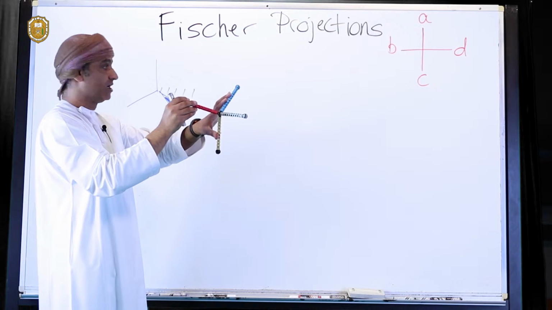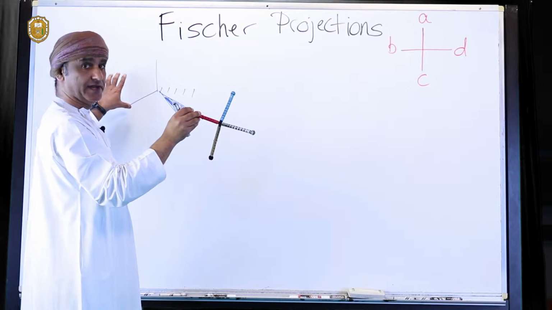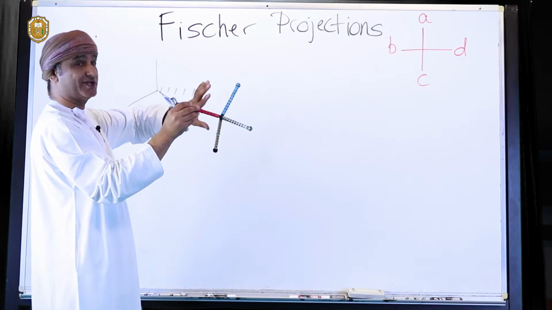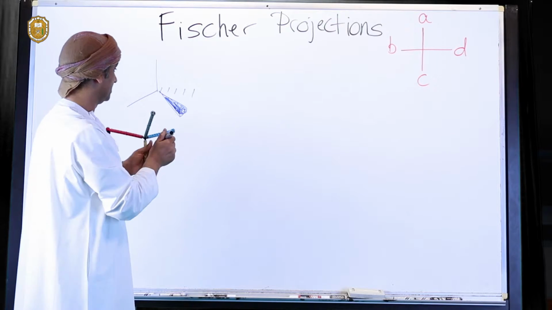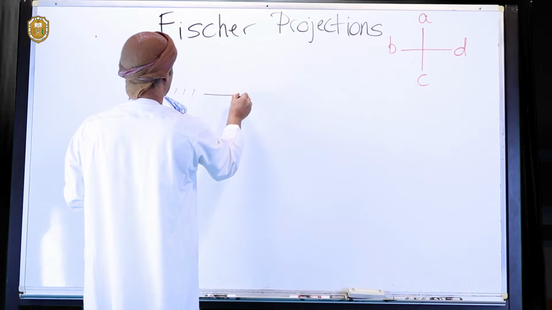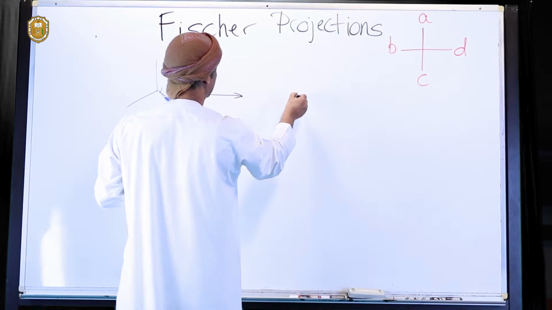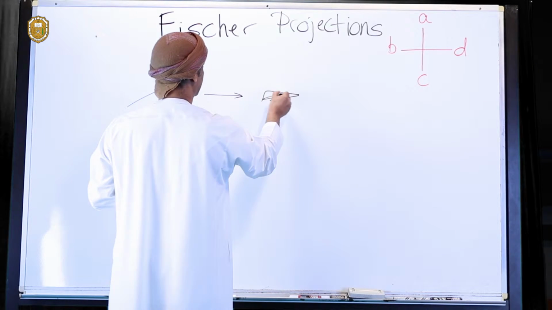The two bonds which were on the plane are now actually behind. So we represent the drawing like this.